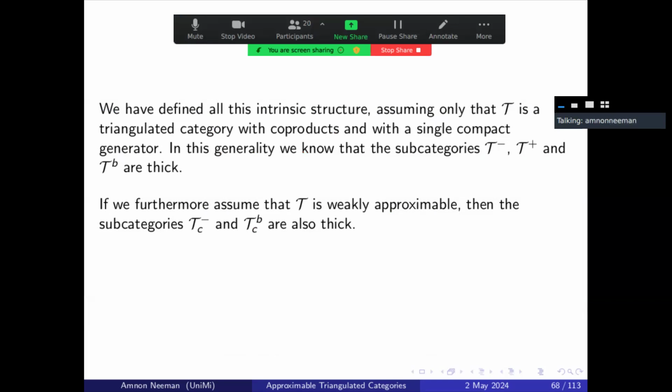But under these assumptions, T minus, TB, and T plus are thick triangulated subcategories, so they're closed under triangles and under direct summands. And if T is weakly approximable, then the closure of the compacts and the bounded parts of it are also thick triangulated subcategories. So I've defined all of this intrinsic structure in gorgeous generality.